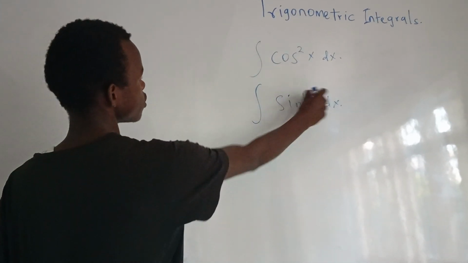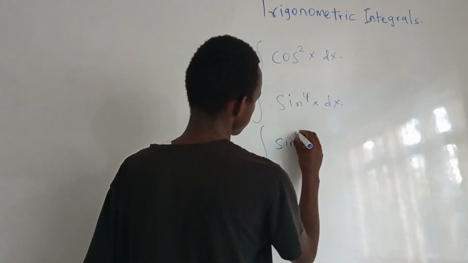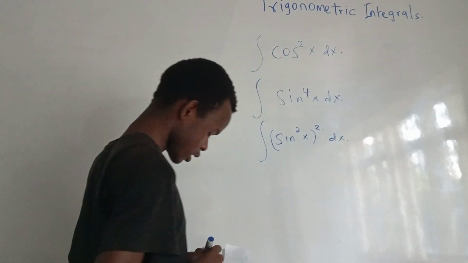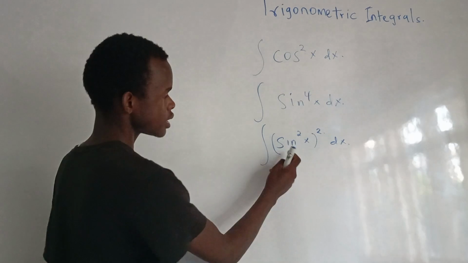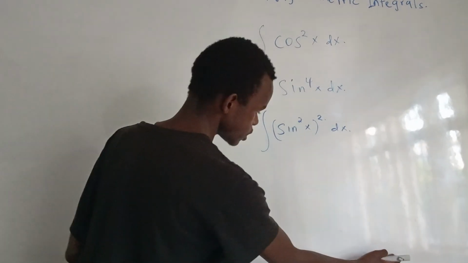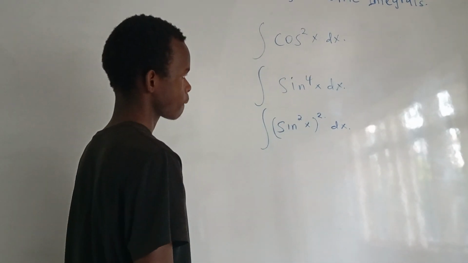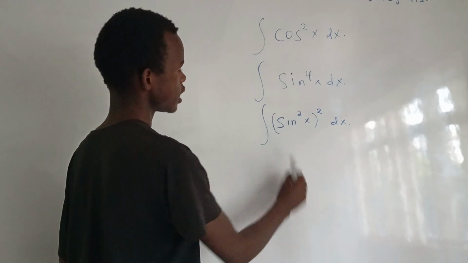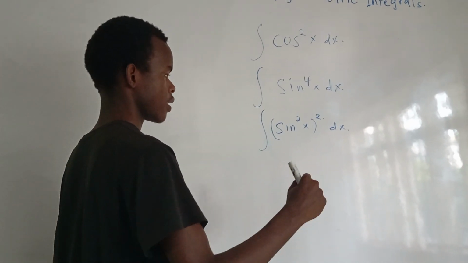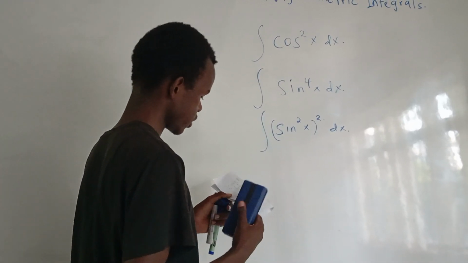So if I'm given sine to the fourth of x, I'll split that integral to be the integral of sine squared of x, then I square it, dx. So as you can see from here, this is sine squared of x. So I'll just compute the same procedure as for sine squared of x, but I do the square. It's just the same procedure: replace sine squared of x with the reduction formula that we wrote. The same procedure, so you get your answer.